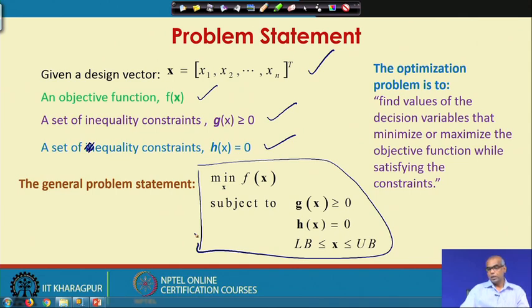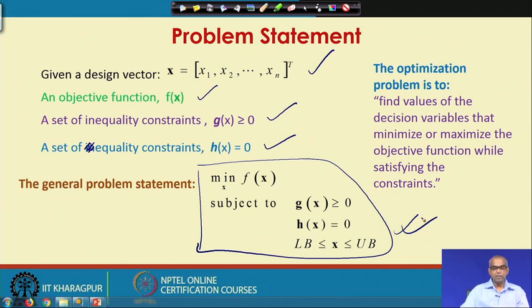In terms of words, we can say find the values of decision variable x that minimize or maximize the objective function while satisfying the constraints. And this is the mathematical representation of a general optimization problem.